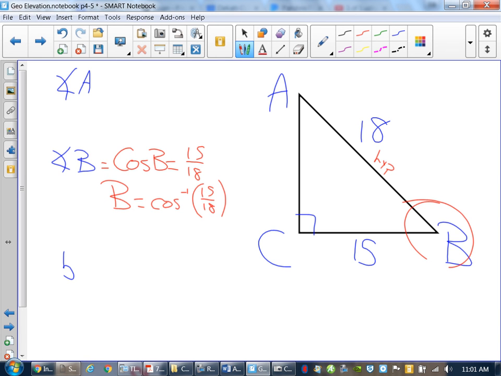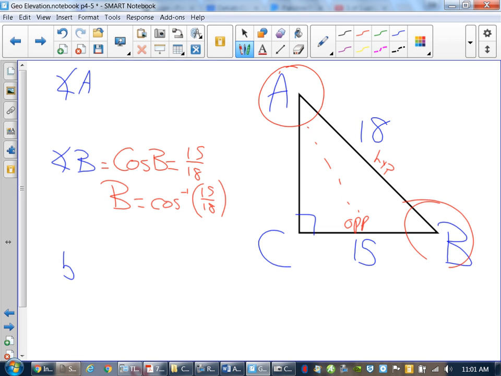Now, if I switch it around and go up to A, 15 is now the opposite. So it does not matter which angle you pick. You pick either one to start with, because you're just going to use two trig functions. That's all.